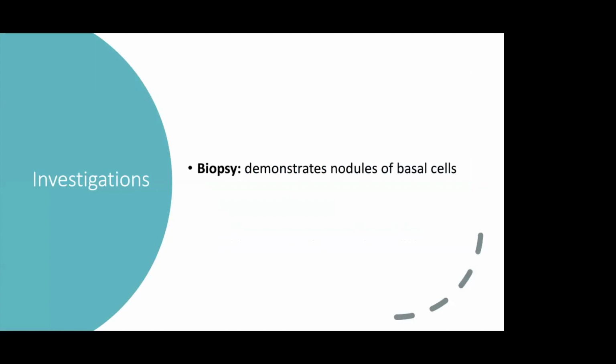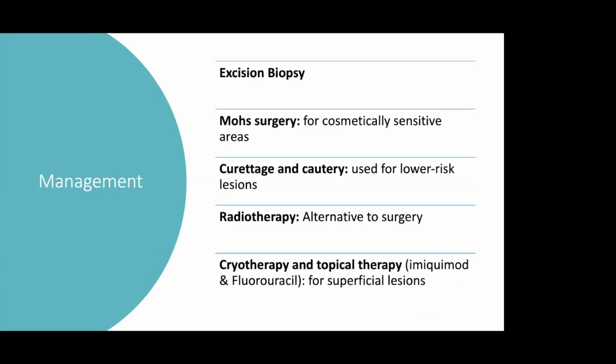In terms of a biopsy, these typically will demonstrate nodules in the basal cells, as we discussed on the previous slide. Now, there's a number of ways of managing basal cell carcinomas. The first line is surgical excision of the lesions.